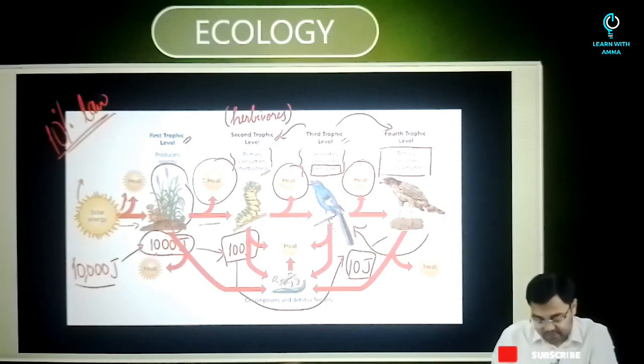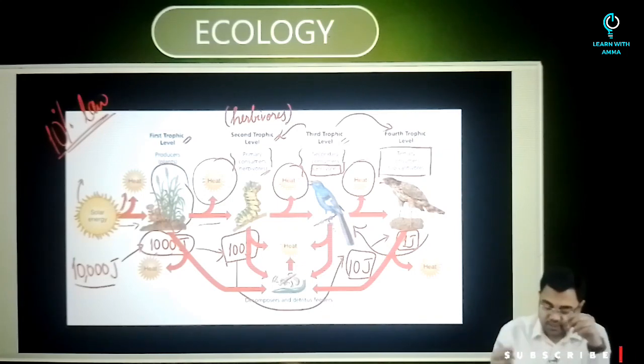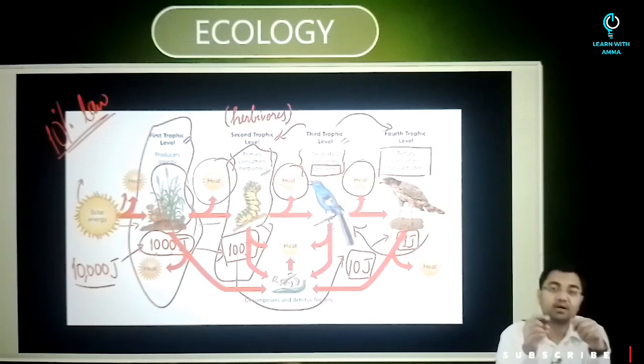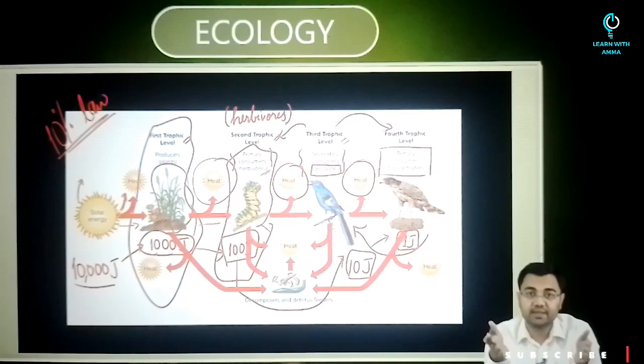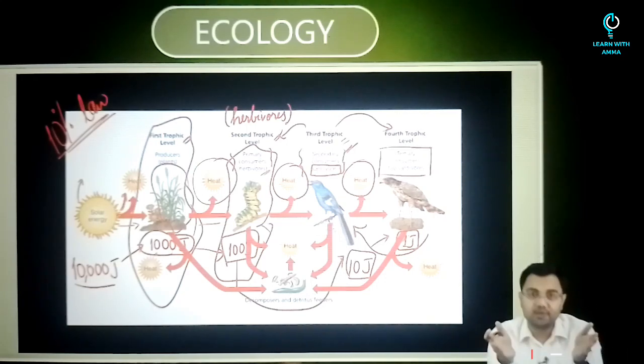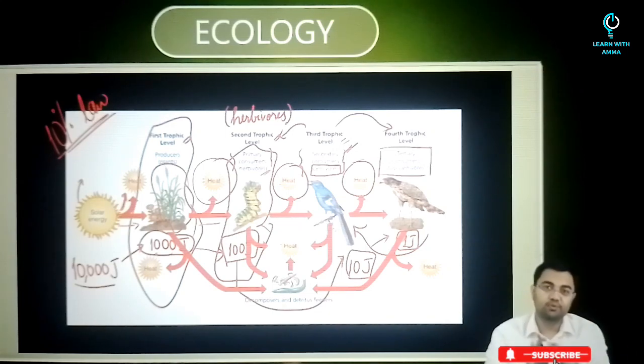And finally, for this particular organism, you just get 1 joule. This is how the transfer of energy happens. So the energy that you would get from a producer would be much higher than the energy that you would get from the consumption of a secondary consumer. So this is what happens in a food chain.